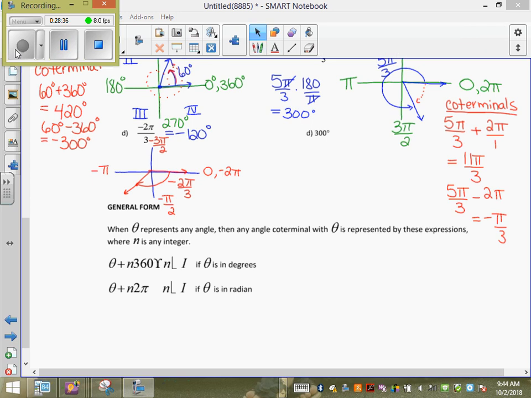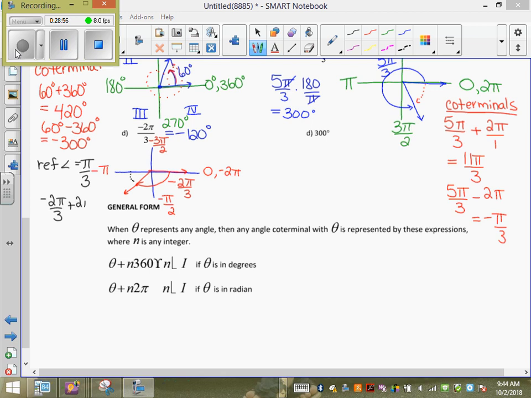What is my reference angle? How far away? The reference angle is 60, right? Or pi over 3. And then if I do my coterminals, I'm going to go negative 2 pi over 3 plus 2 pi. What do you get?